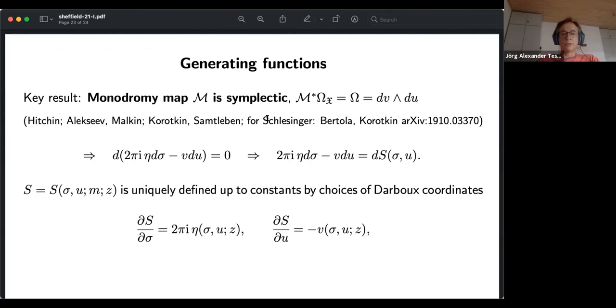The key point on which everything rests is that the monodromy map is symplectic, and it becomes particularly nice and simple using the Darboux coordinates, say in the example we have used.